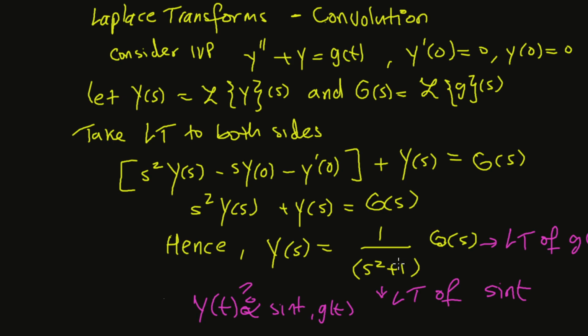But we also know that we have a product here, right? So we know that the integral of a product is not the product of the integrals, not like the sum.